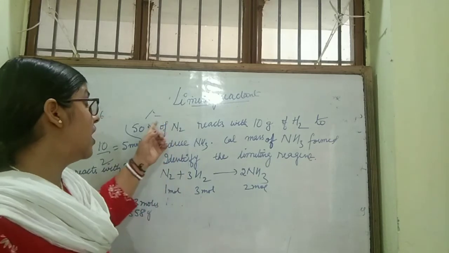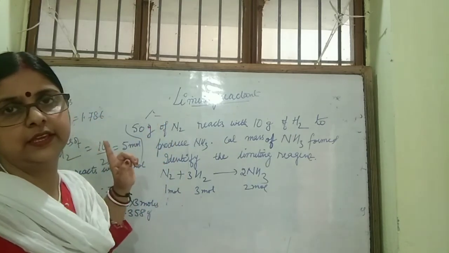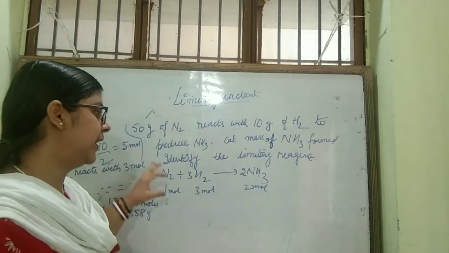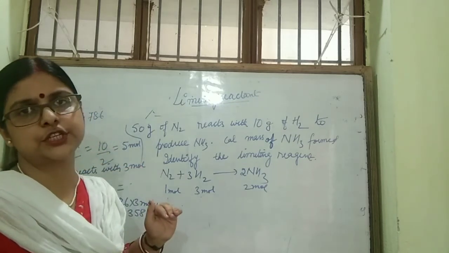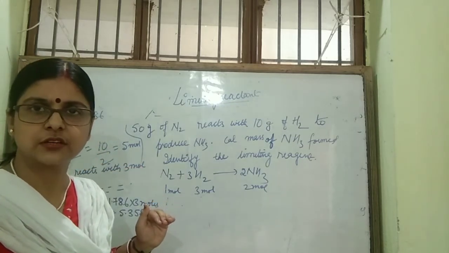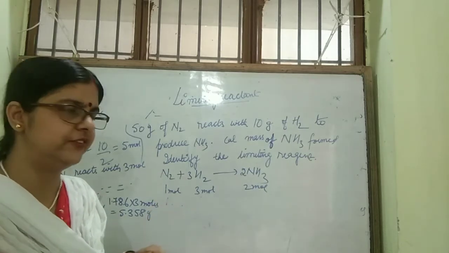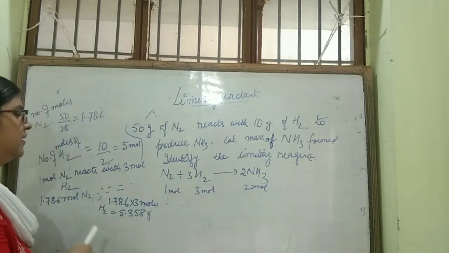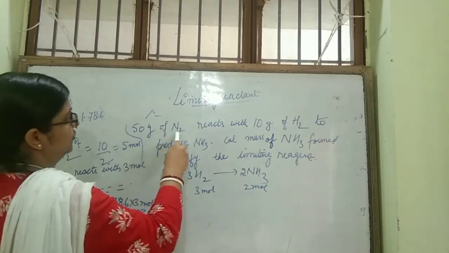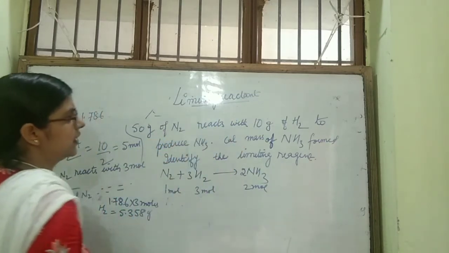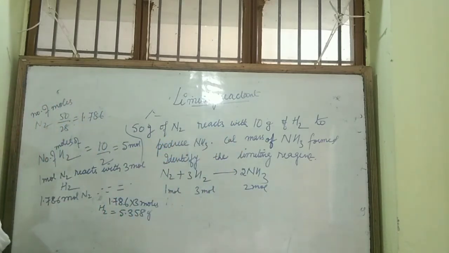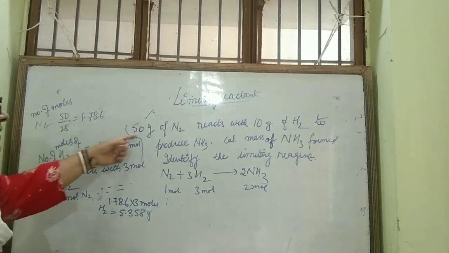Now, the amount given. The first task is to write the balanced chemical equation, and the next task is to find out the limiting reagent. Here, 50 gram of nitrogen reacts with 10 gram of hydrogen to form ammonia. We have to calculate how many moles of nitrogen are in 50 gram.